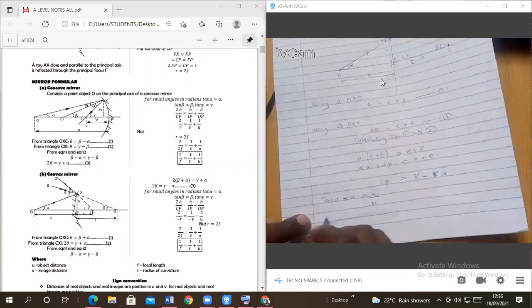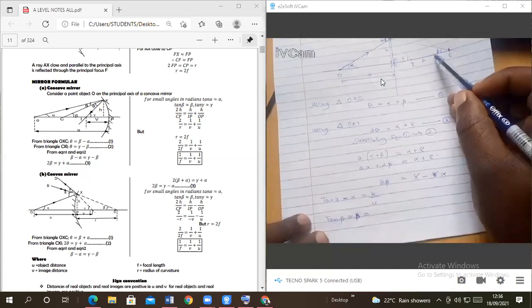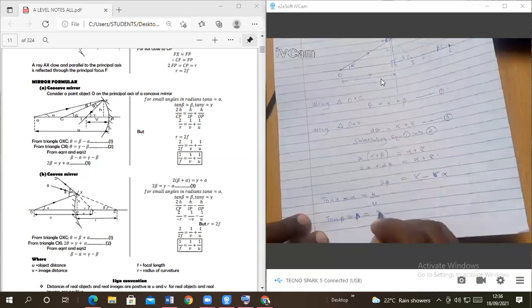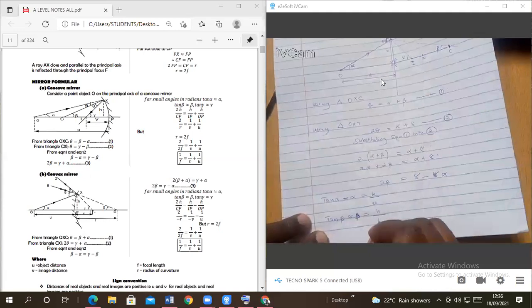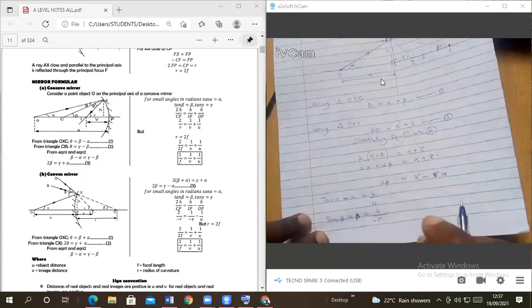And then we go to tan beta. It is also approximated to beta, and beta is equal to h out of r. But we know that r is negative, isn't it? It is negative because it is virtual.